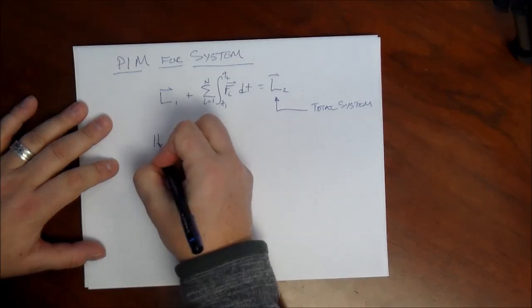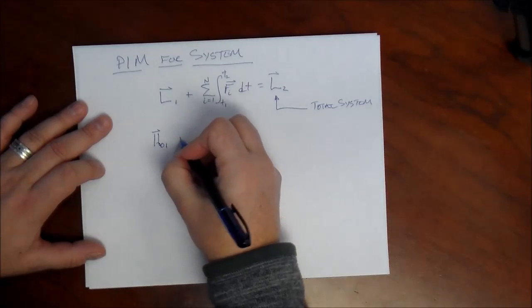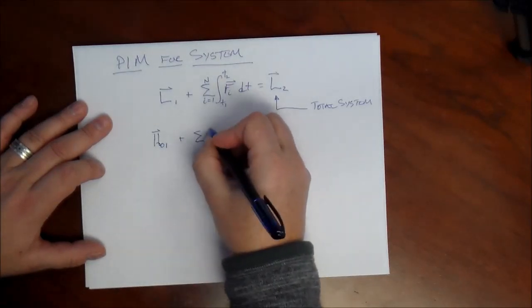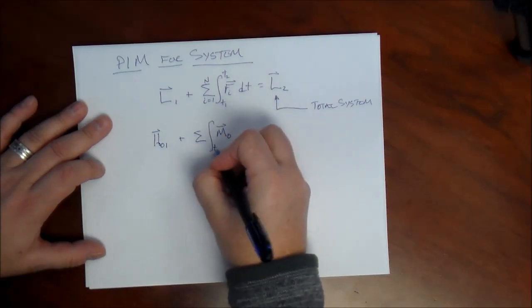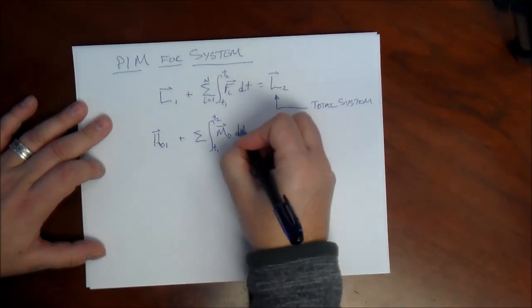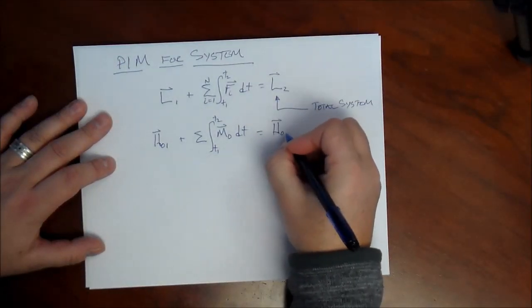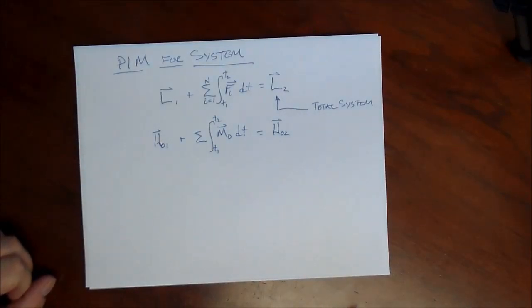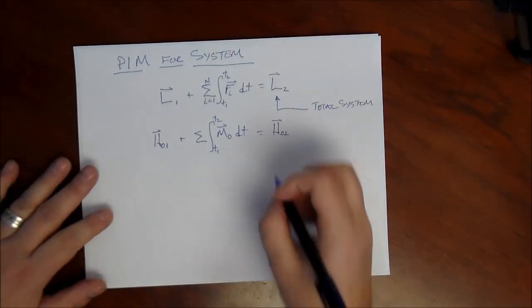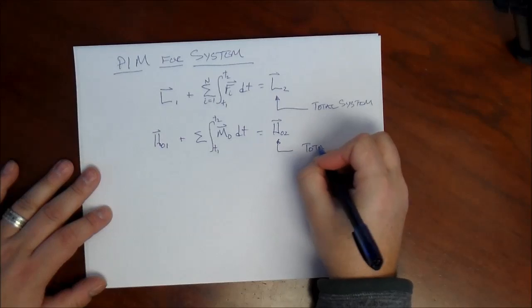So the total angular momentum of the system initially plus the sum of all moment impulses acting on the system equals the final angular momentum of the system. So those two equations represent the principle of impulse and momentum for a system of particles. And again, in this case, H is the total for the system.